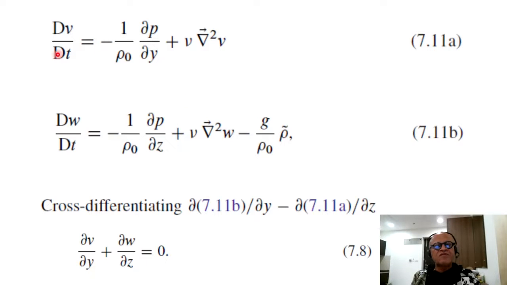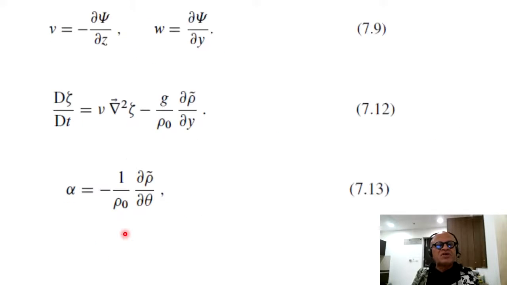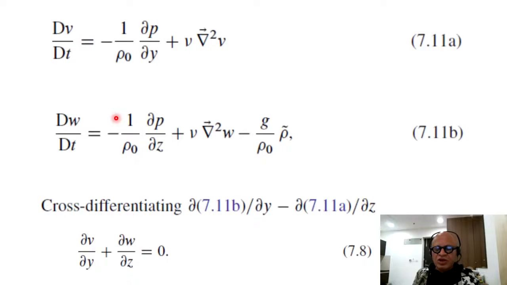So we can again, like before, cross differentiate these two equations, use our continuity equation in the meridional vertical plane and our stream functions, and get a vorticity equation in terms of the total derivative of the relative vorticity, related to the viscous term, so dissipation of vorticity by molecular processes.